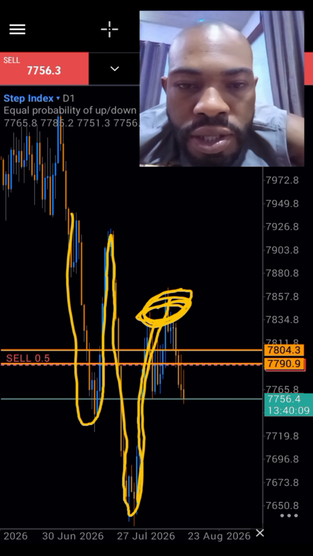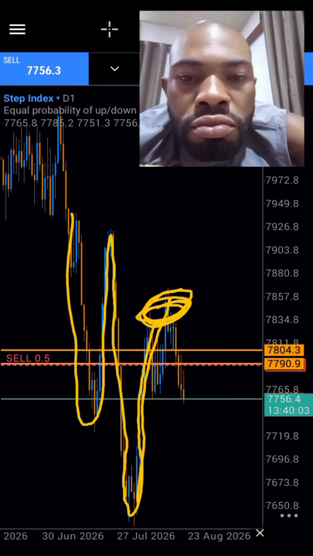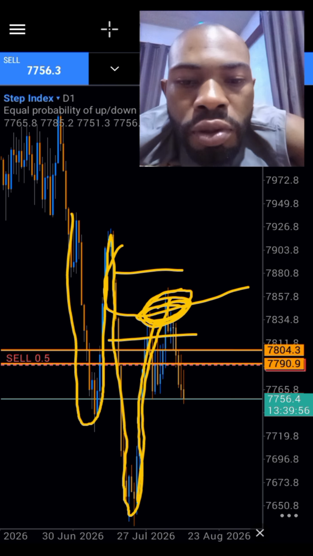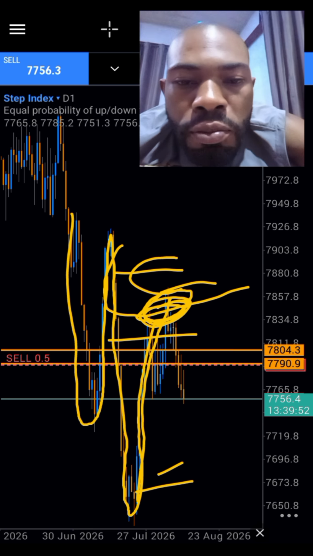When you are selling, you sell from around this 50% zone. Here is the premium, and here is the discount. Since we want to sell from the premium and buy from the discount.